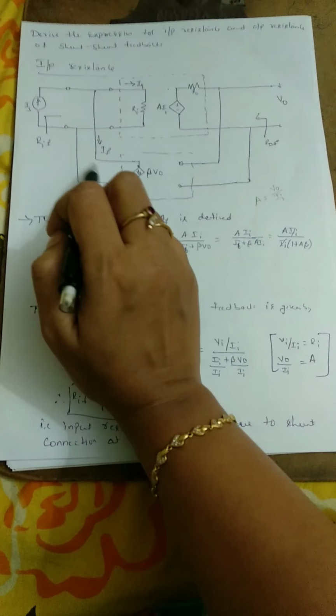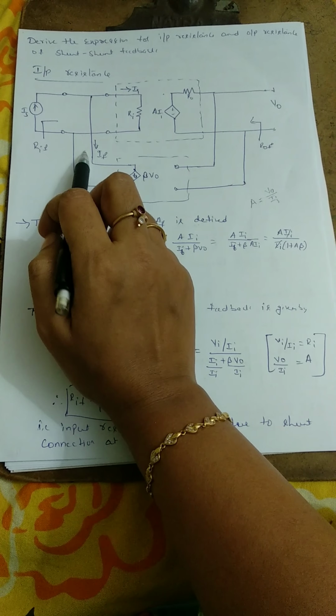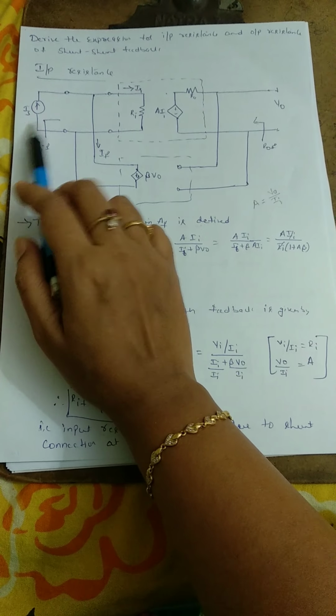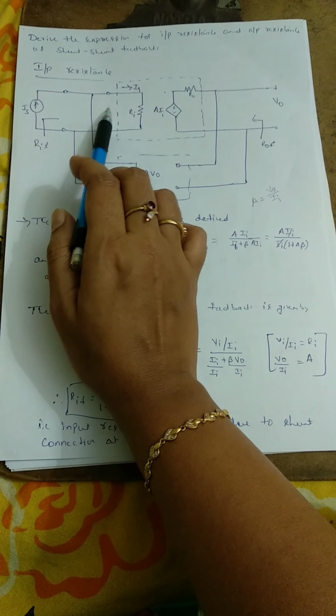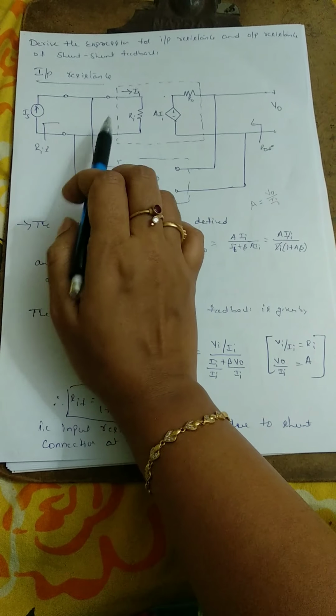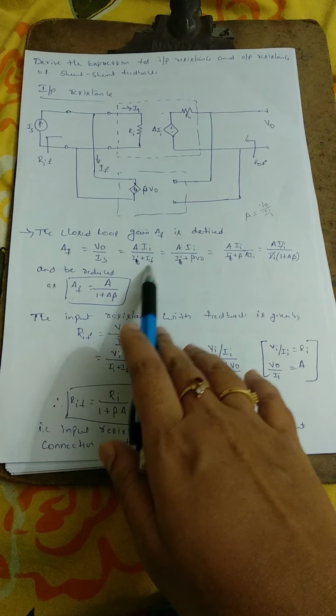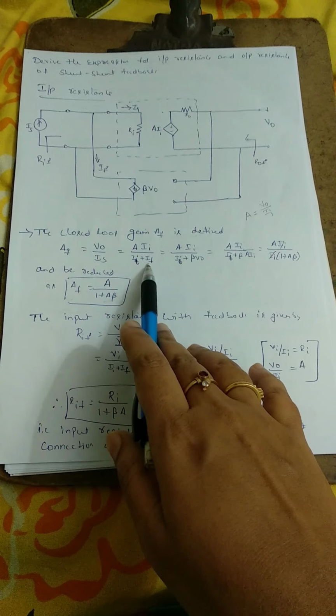The output of the feedback network is IF. So the Ii we give here will be Is minus IF, therefore Is is equal to Ii plus IF. But what is IF?